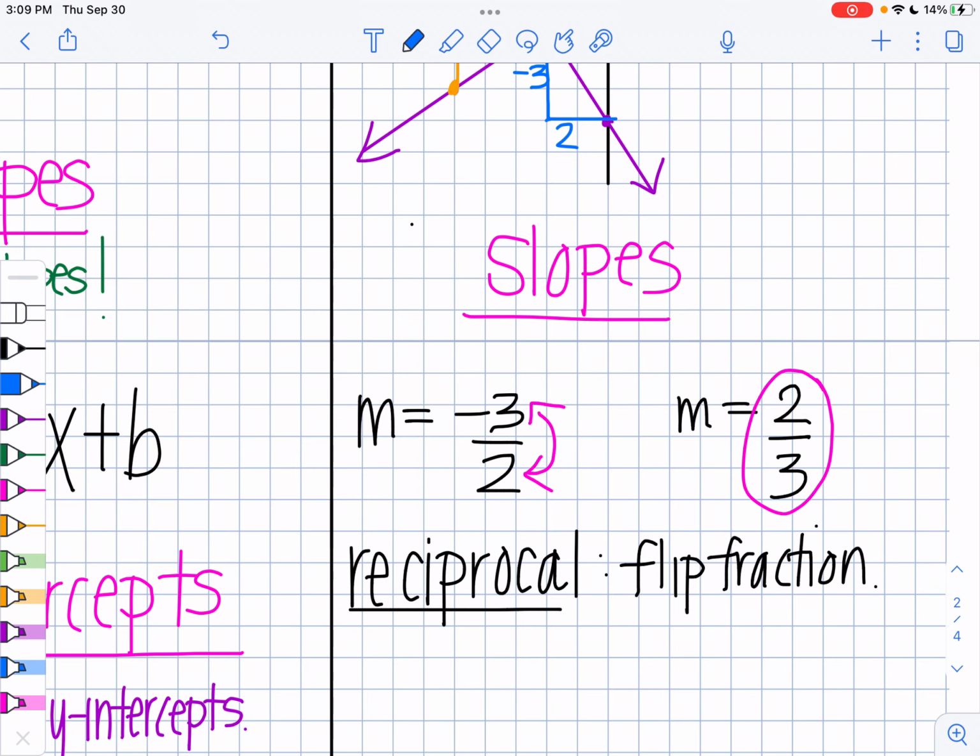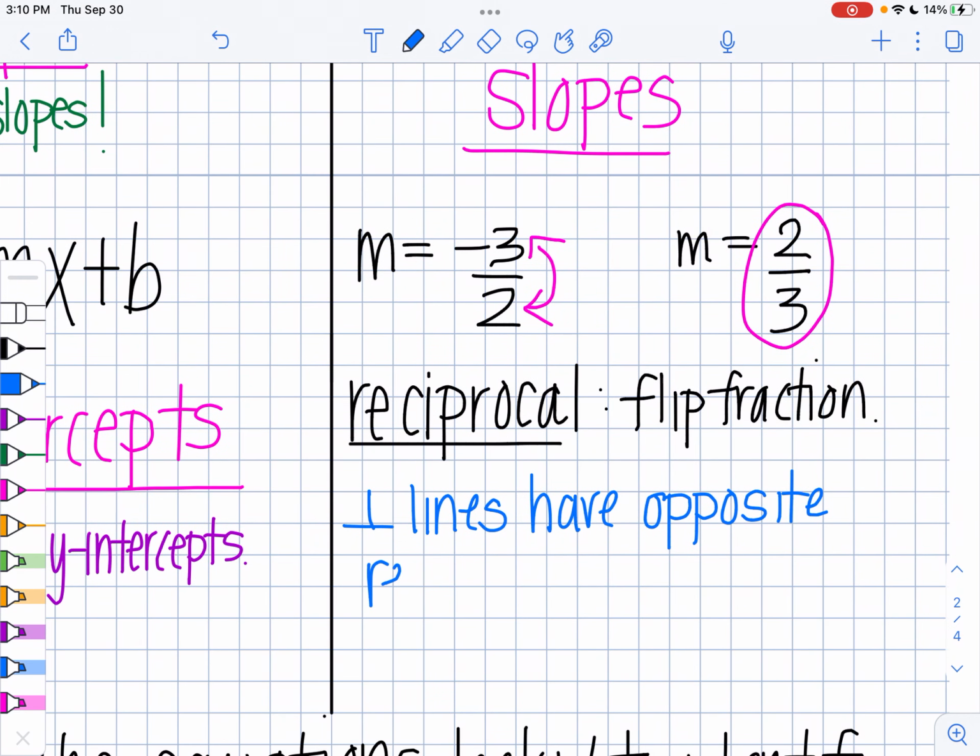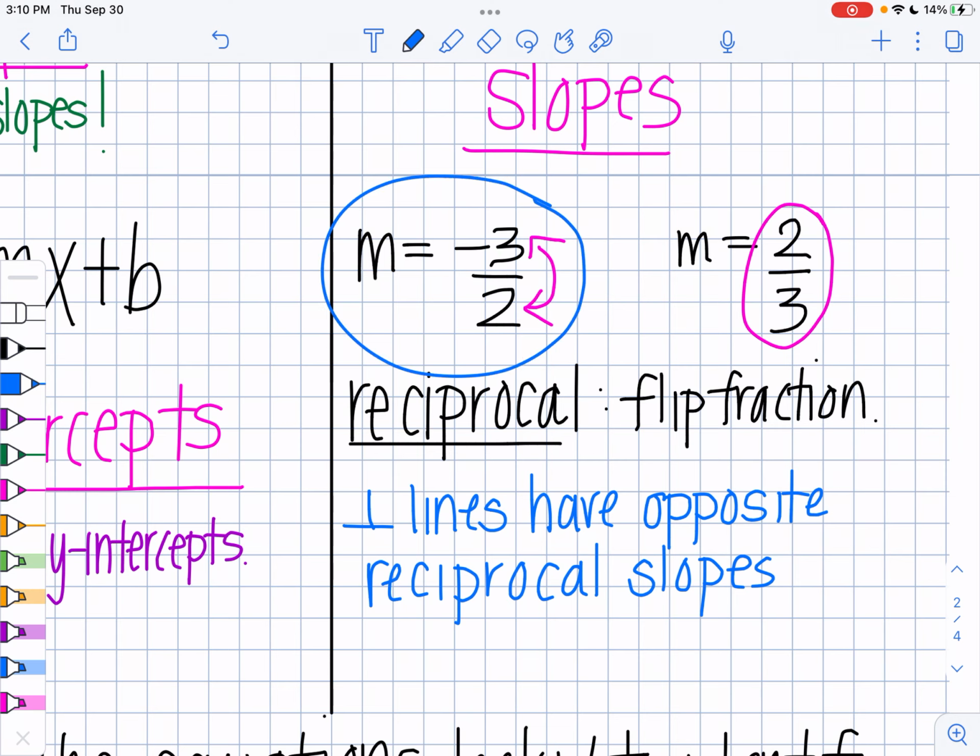So we know that perpendicular lines have what we call opposite reciprocal slopes. That means whatever I have for one slope, I take the top and the bottom and flip them over, and then if it's negative, I make it positive, or if it's positive, I make it negative.